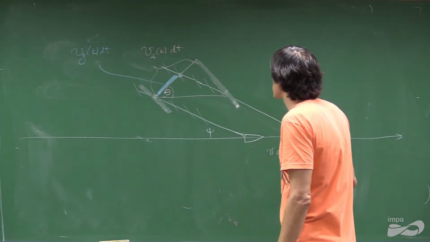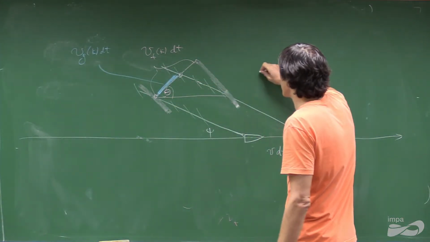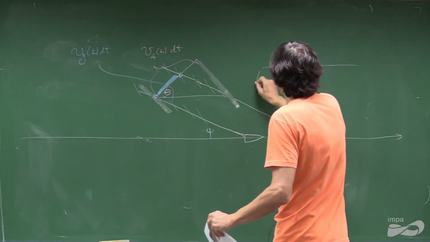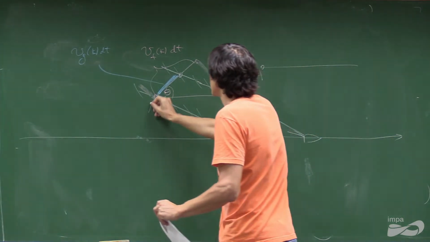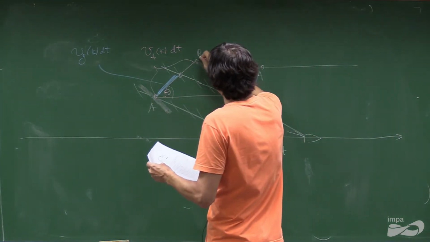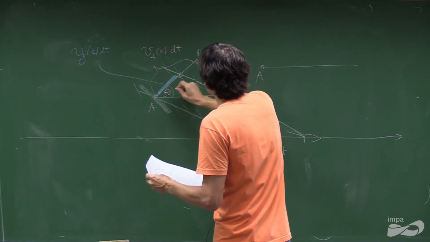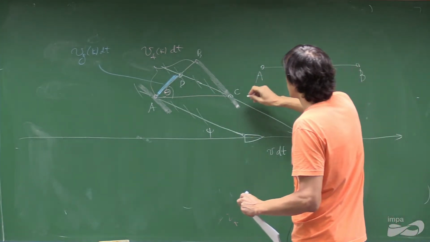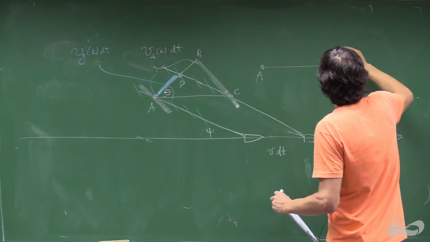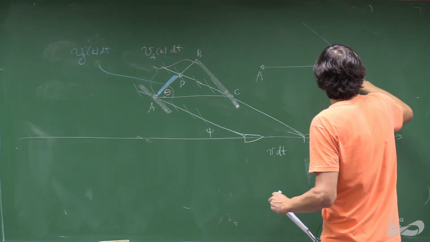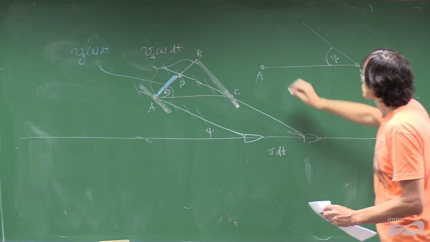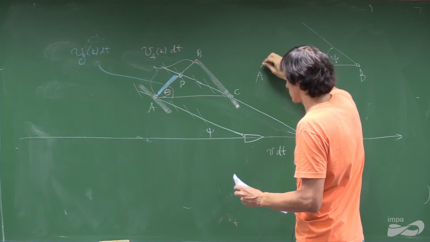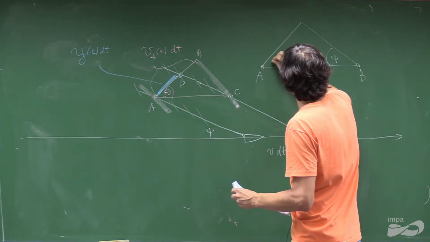So now let's just rewrite this triangle and make an analysis. We have a point A, and let's call the points A, B, C, D. This is psi. This is theta.